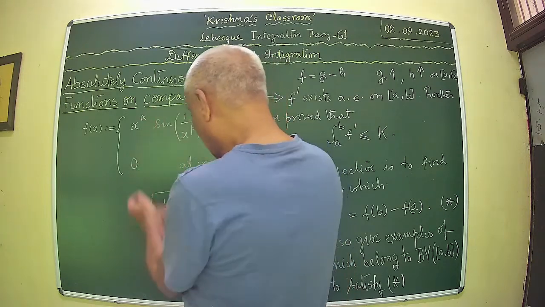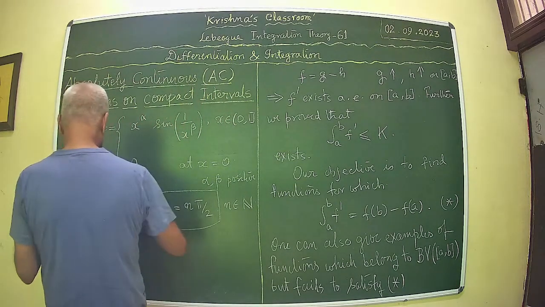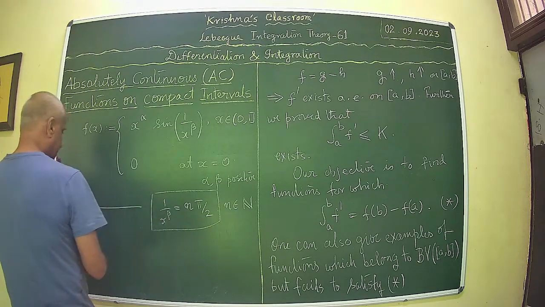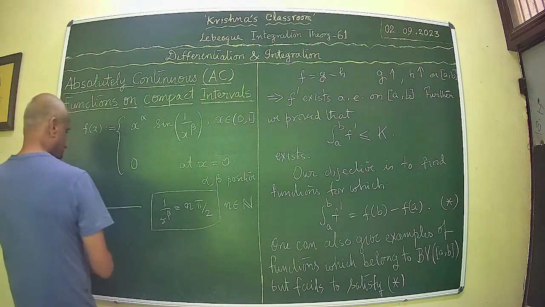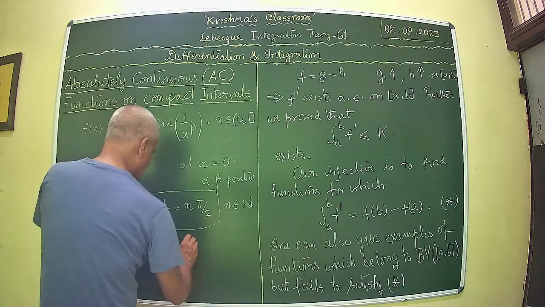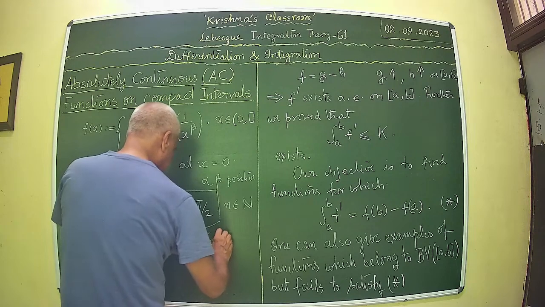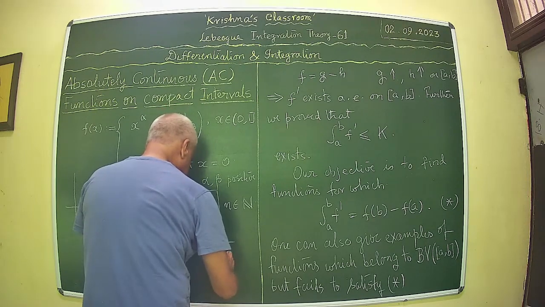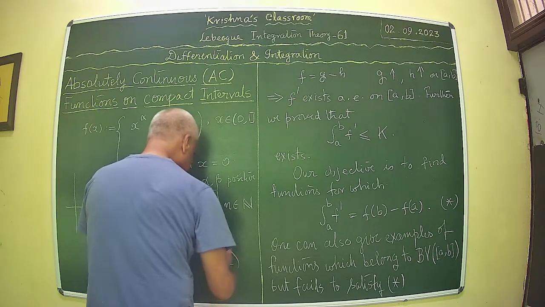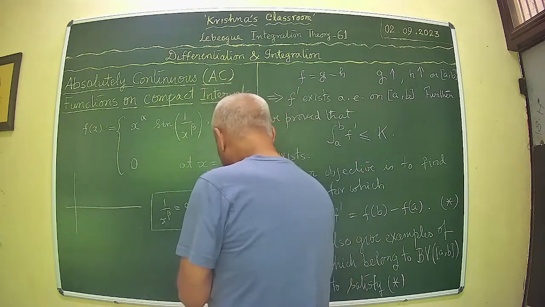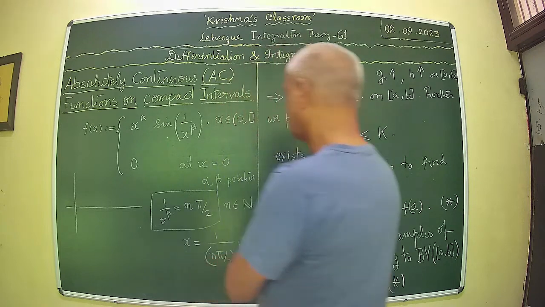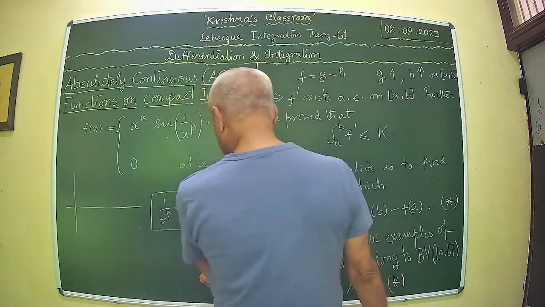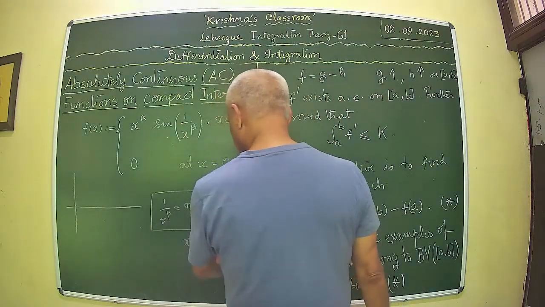So that means that oscillation is, see, I will mark this x to the power beta equal to, so you see, x equal to 1 by (n pi by 2) to the power 1 by beta. And as n tends to infinity, now you see that this goes to 0.